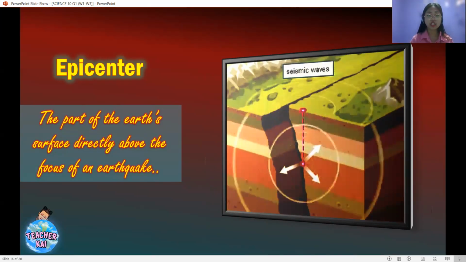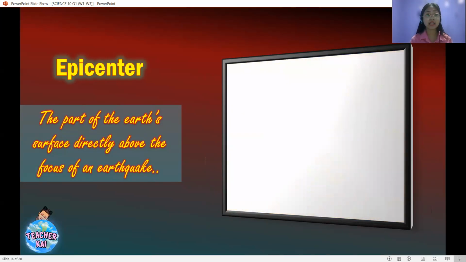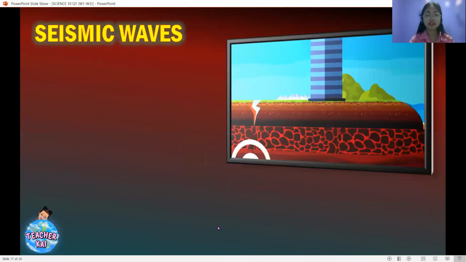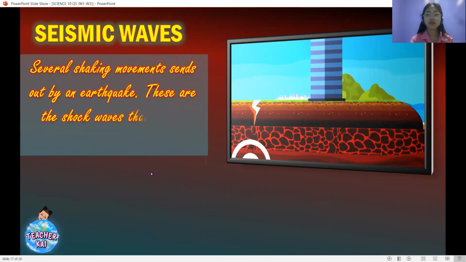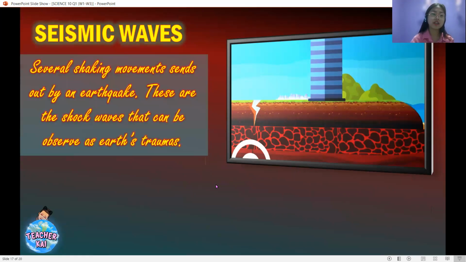And that energy is what we call seismic waves. Okay, so what are seismic waves? Seismic waves are the several shaking movements sent out by an earthquake.